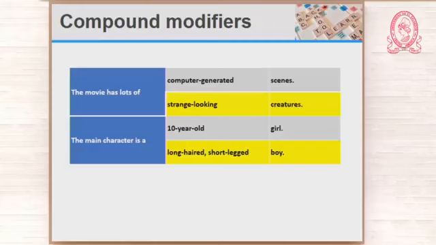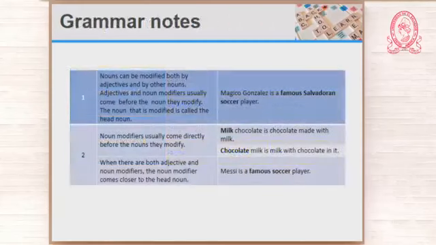Let us recap what we have studied up to now. Let us study now some grammar notes. It is a sort of recap of what we have mentioned up to now. Number one, nouns can be modified both by adjectives and by other nouns.